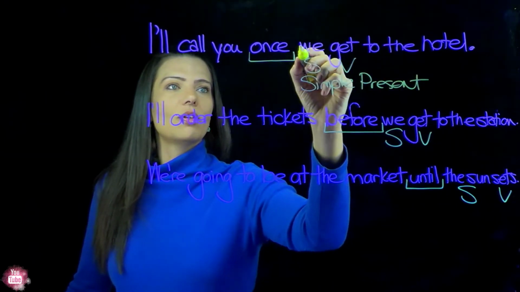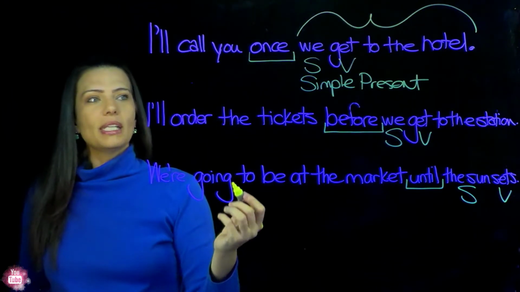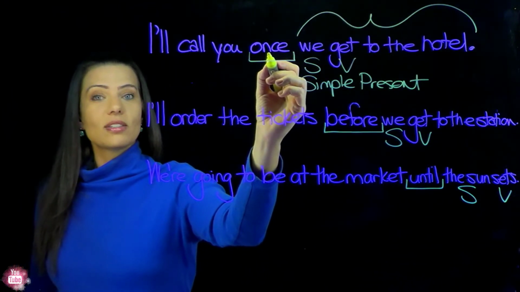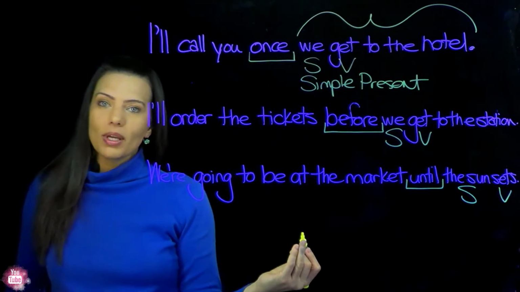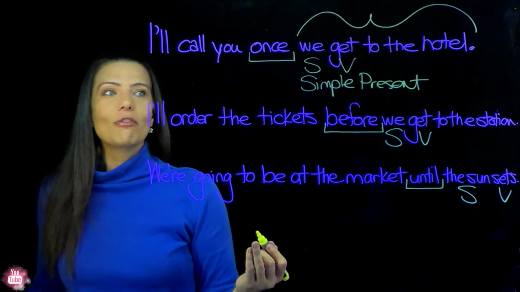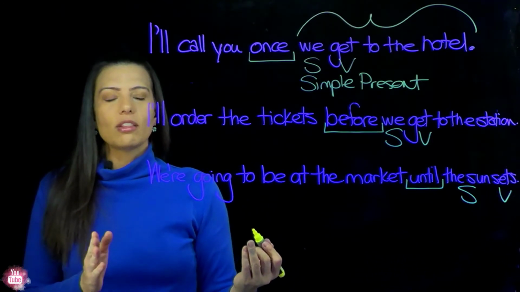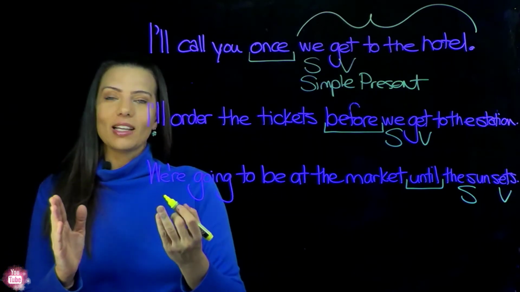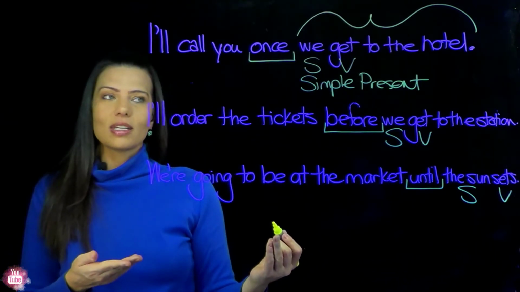Okay, now one thing also that is important to note is that because all of these words, once, before, and until, are in the middle of the sentence, we do not have a comma in any of these sentences. Only when the future time word is at the beginning of the sentence do we have a comma between the two clauses.